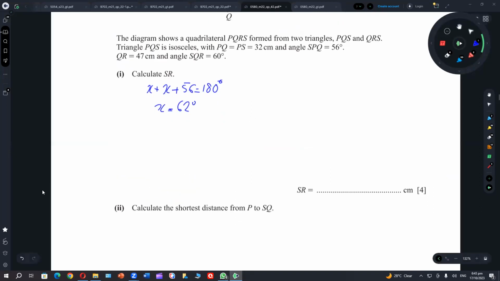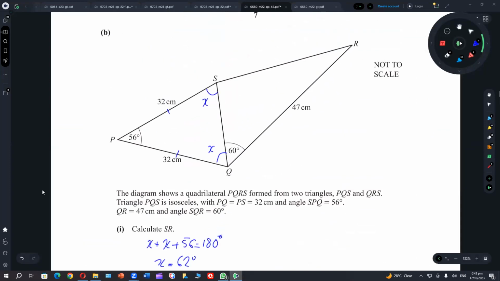Then what should be the plan? We have this angle, also we have sides. We have 56. Asking for SR. Think again.